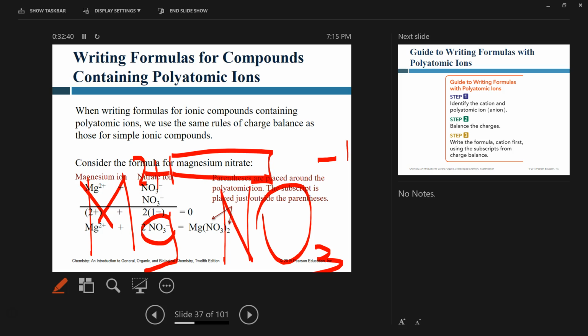So we put this thing in parentheses, and the number 2 goes in the right bottom corner, right over here. Okay? Does that make sense? Is that clear?